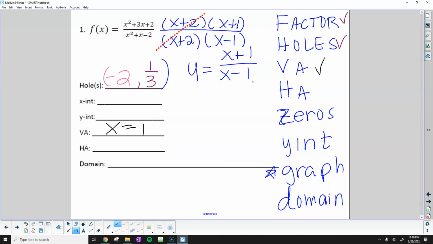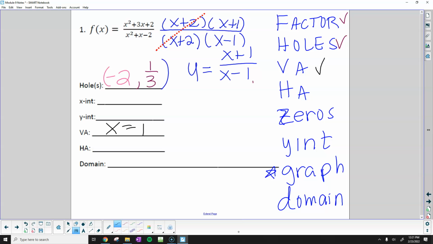If neither one of them wins the degree fight, which is the case here, you have to be the judge and figure out the horizontal asymptote all on your own. All you got to do is divide the leading coefficients. Do y'all even remember what a leading coefficient is? No. It's the A value. Y'all look up here. What's the A value of this top part? 1.